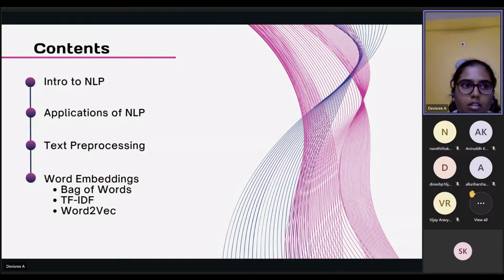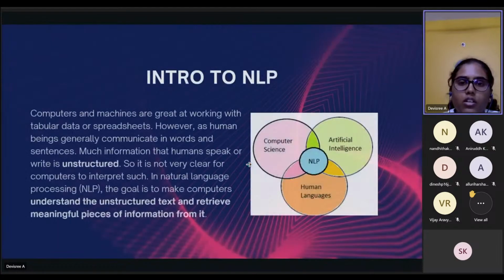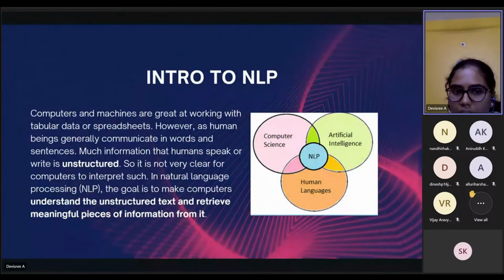Next is word embeddings. I'll give you a brief introduction to word embeddings and the different types and representations of word embeddings.